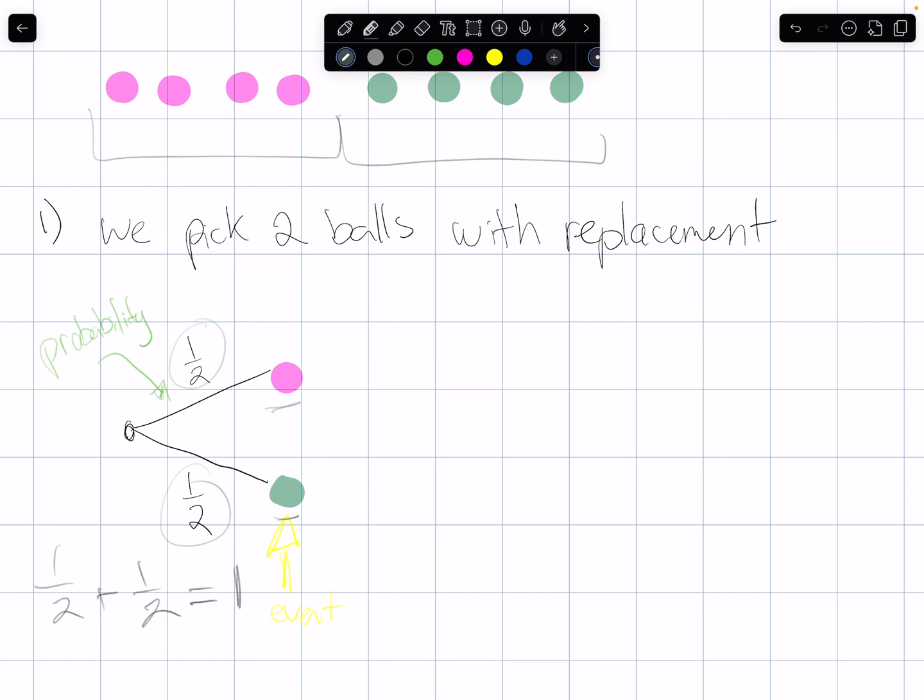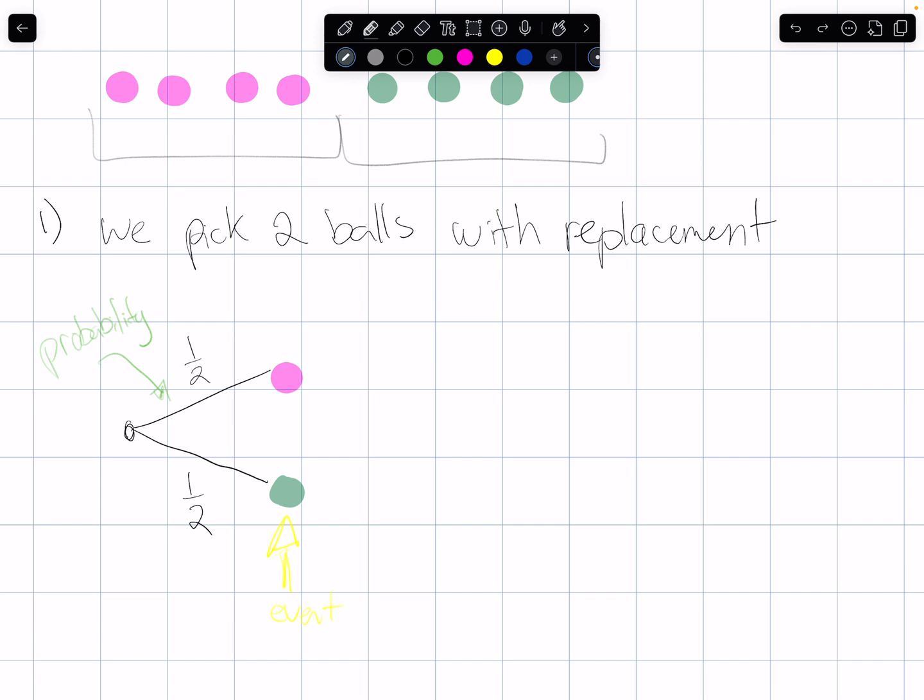One of the things you see with tree diagrams is that the addition of the probabilities of the branches needs to always equal 1. We'll see that a bit further down the line as well.